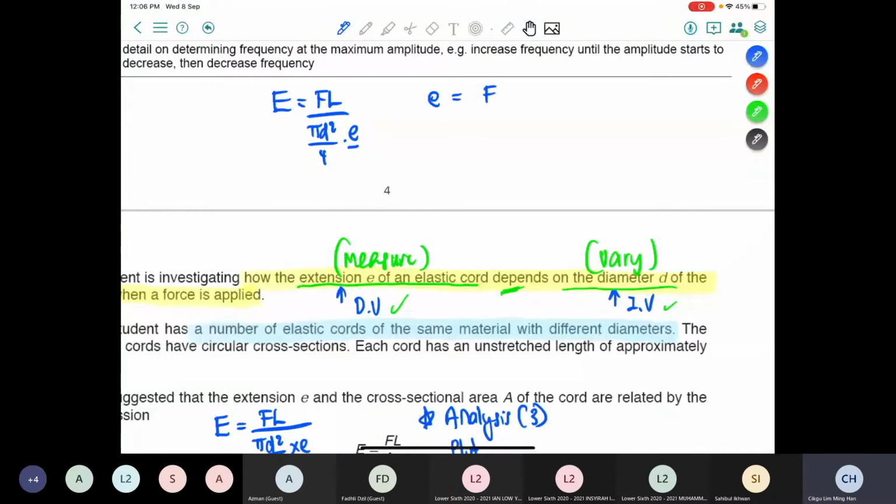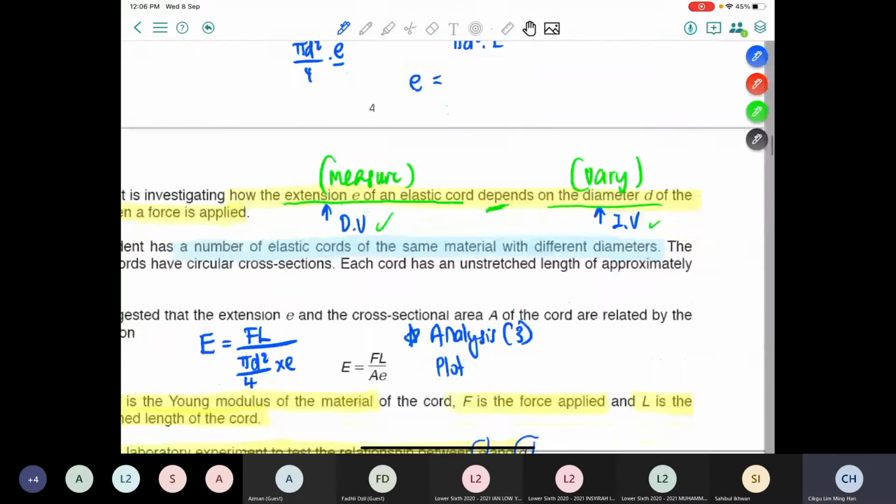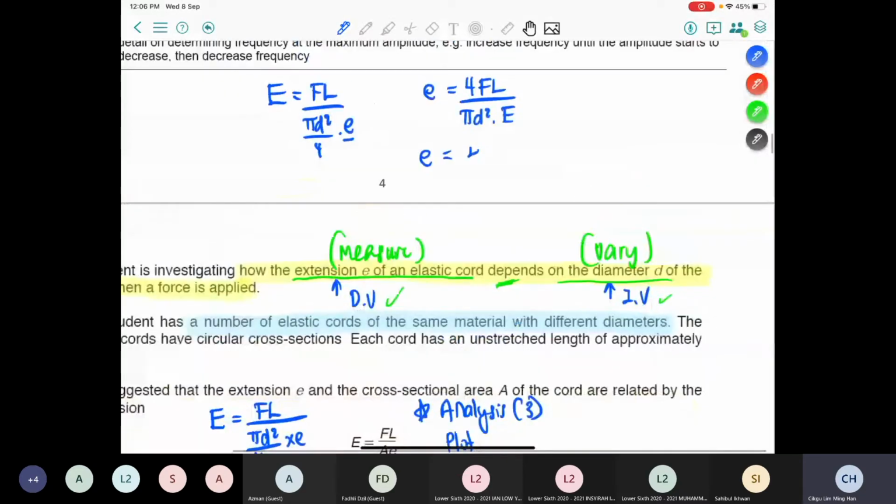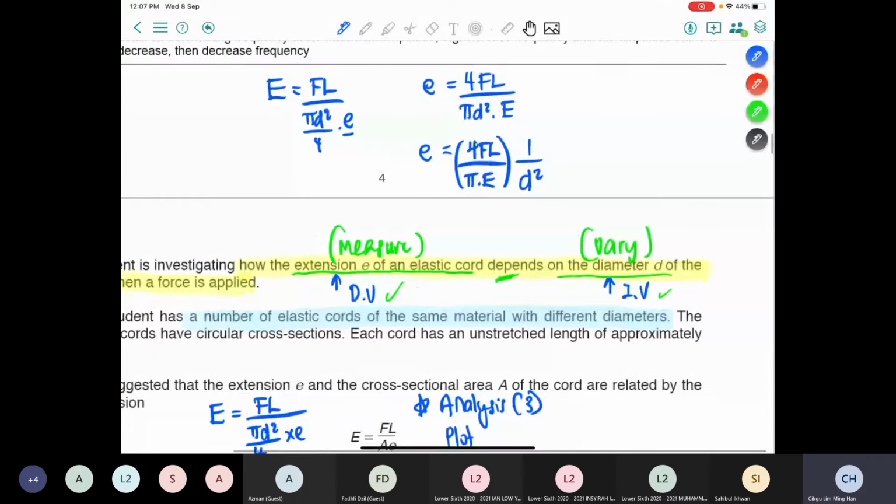You have 4FL over pi D square times E. And then you make the D come out. So it becomes 4FL over pi times E, bracket 1 over D square.